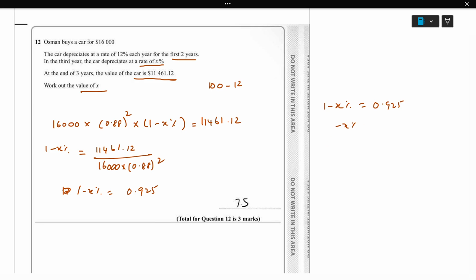So negative X percent equals 0.925 minus 1, which is negative 0.075. Both sides are negative, so we multiply by negative to make it positive. X percent is X over 100, so X over 100 equals 0.075. X equals 7.5. So the answer is 7.5.